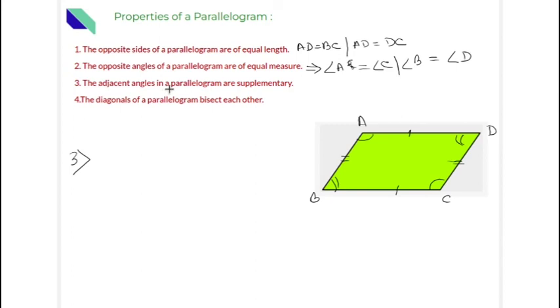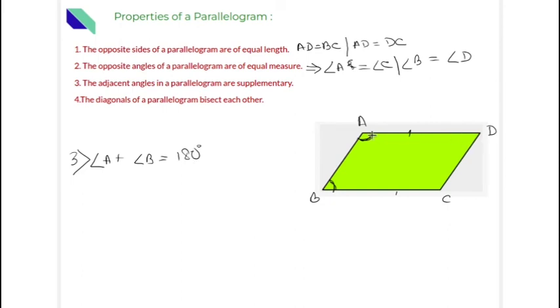Now number 3, we will write it here. The adjacent angles in a parallelogram are supplementary. We have just discussed what an adjacent angle is. If we consider angle A, the adjacent angle of angle A is angle B. Supplementary means their sum is 180 degrees.